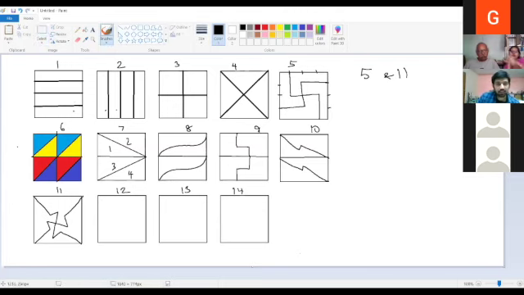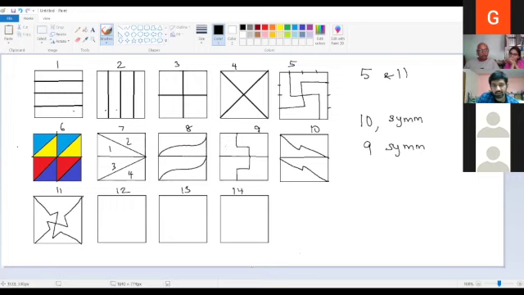So if we take a solution like 10, it is also symmetric. If you take the solution of 9, that is also symmetric.